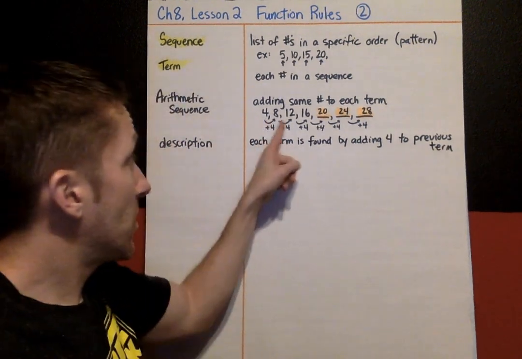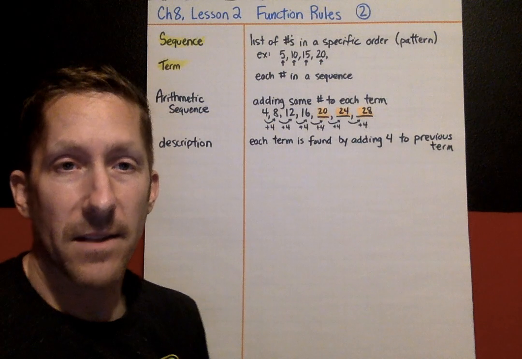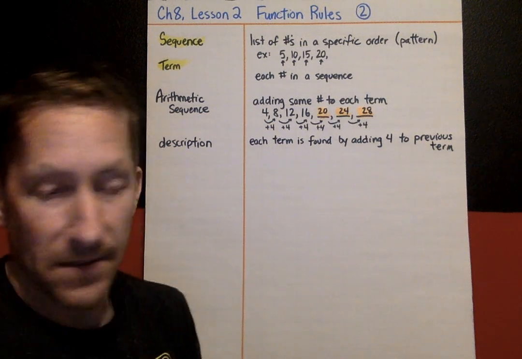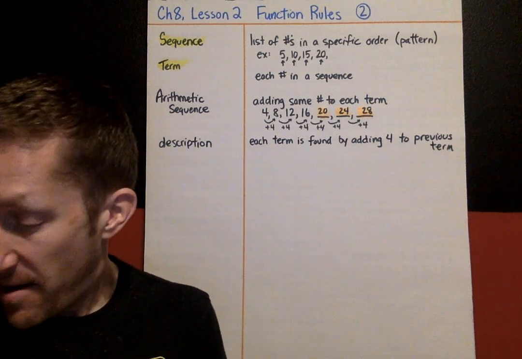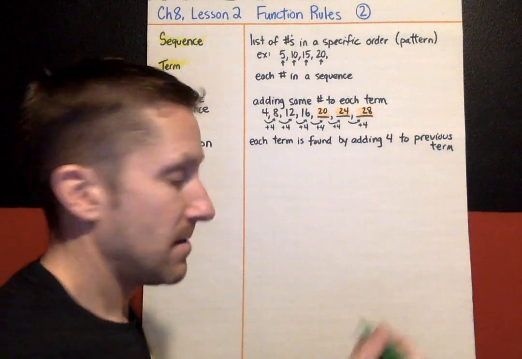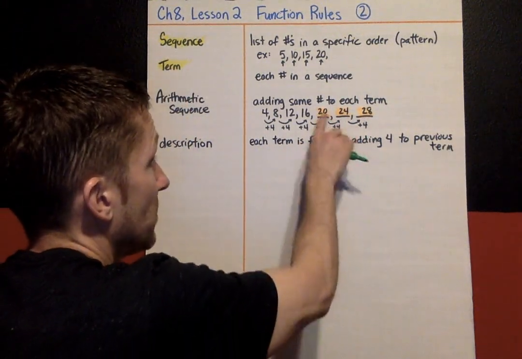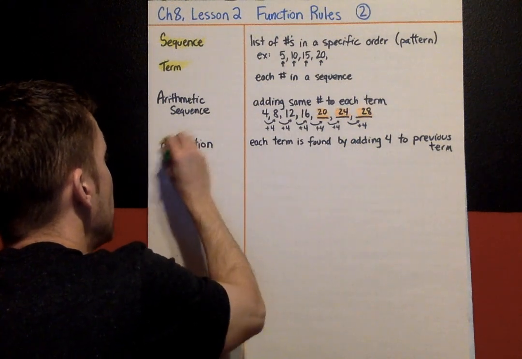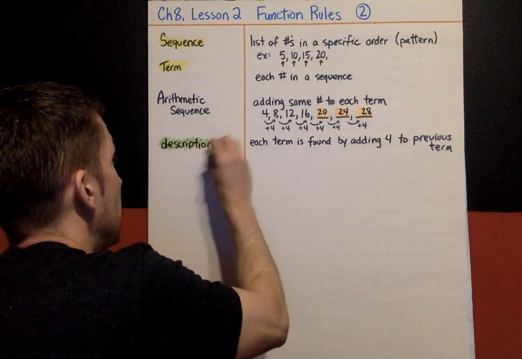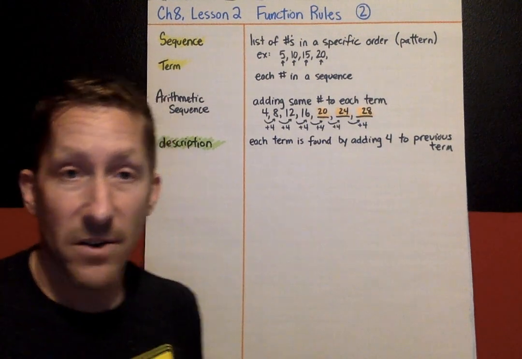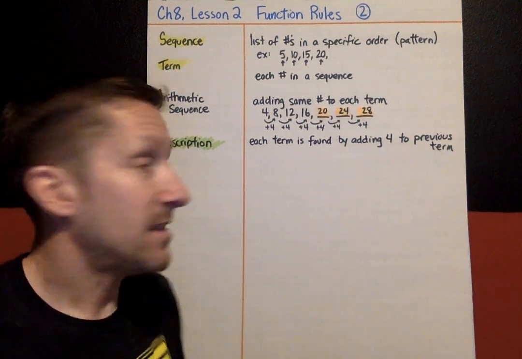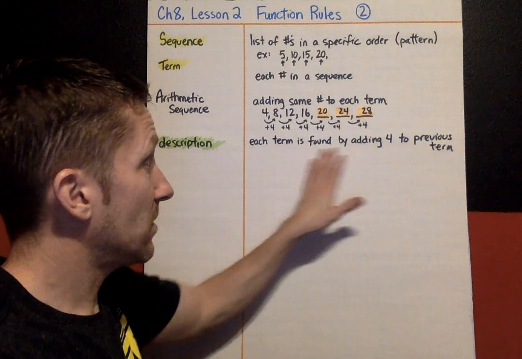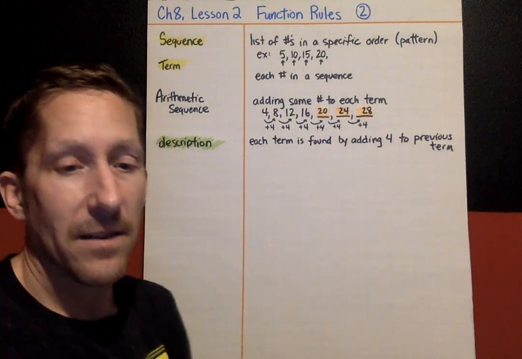So you add 4 to the previous term to get the next term. That is an arithmetic sequence. So two things you're going to be doing today: find the next few terms, however many it asks for, and come up with a description. Please read your directions carefully. It's not just finding these, it's also asking you to describe the sequence.